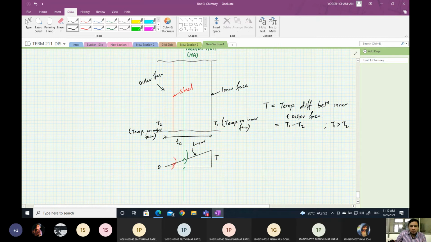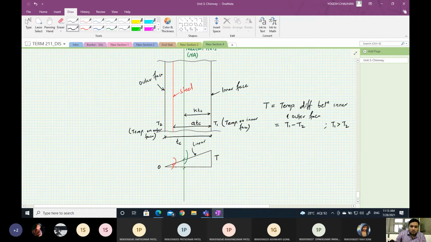This distance be Tc. And let this distance be A times Tc, where A is some constant, means this distance is some fraction of this total length Tc, and this length, let it be K times Tc. Again, this is some fraction of the total thickness Tc.